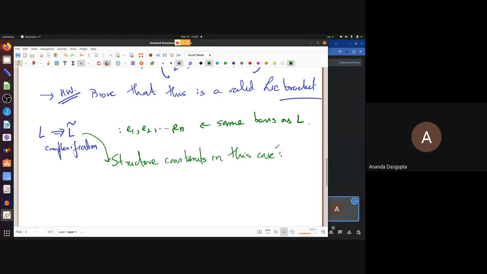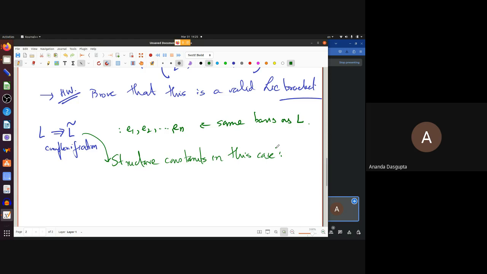They should be exactly the same, right? Because what are structure constants? You find out the bracket of E1 and E2, expand that in E1, E2 up to En, and that gives you C^k_12.